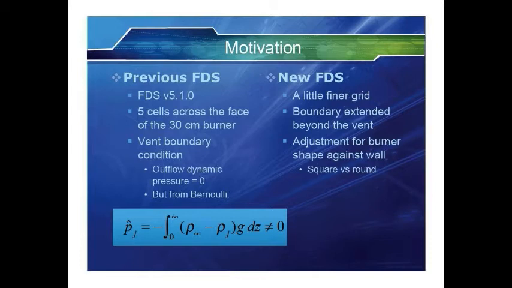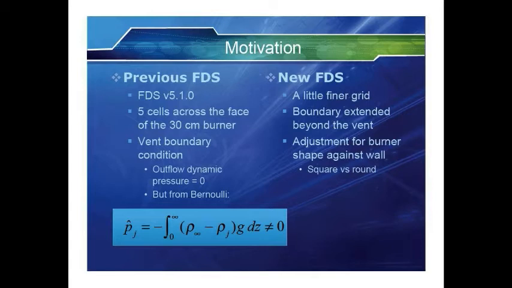But now, instead of using the vent condition, they went outside. They moved the boundary out progressively and checked until they got their mass flow rate to within 5%. So they're hoping to establish a rule of thumb: if you move it this far out, you might get good results for the mass flow rate.